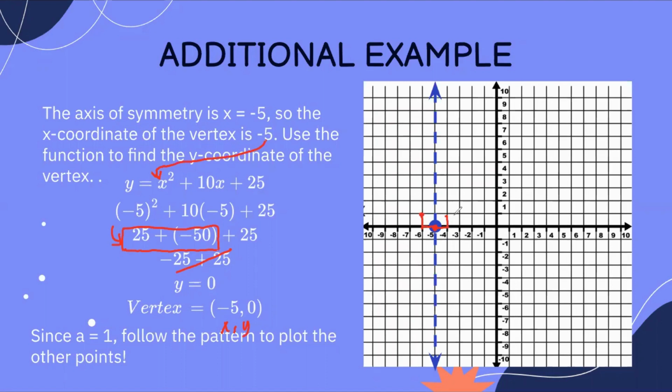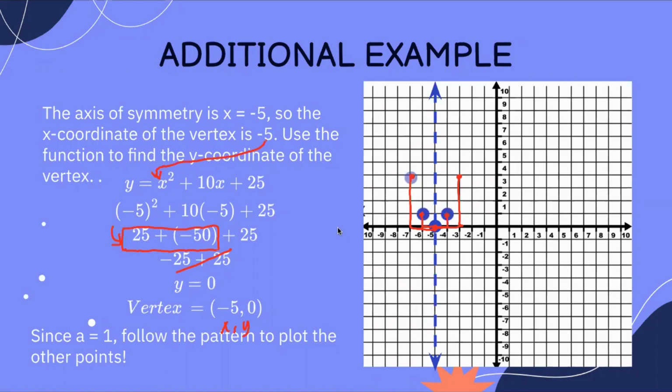And then you would plot your points there. If you go 2 units left from your vertex, you would go up 4 units and plot your point. If you were to go 2 units right from the vertex, you would go up 4 units, and there is your other point. And now you can go ahead and draw a smooth line through your parabola.